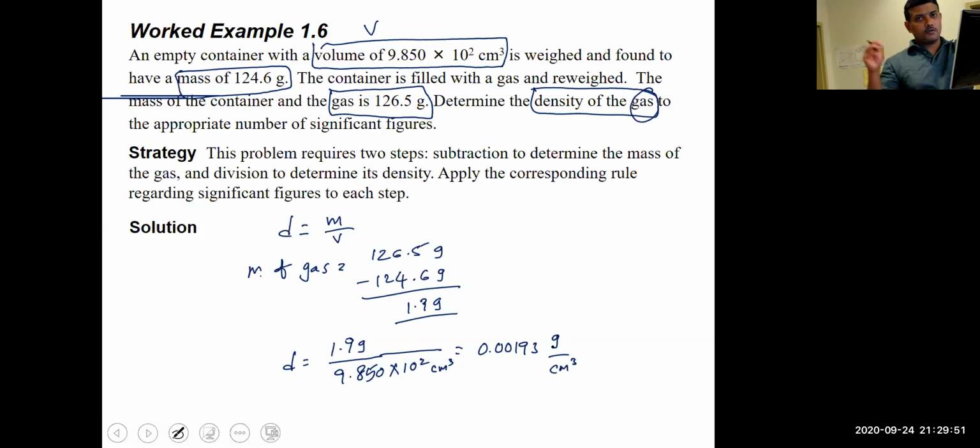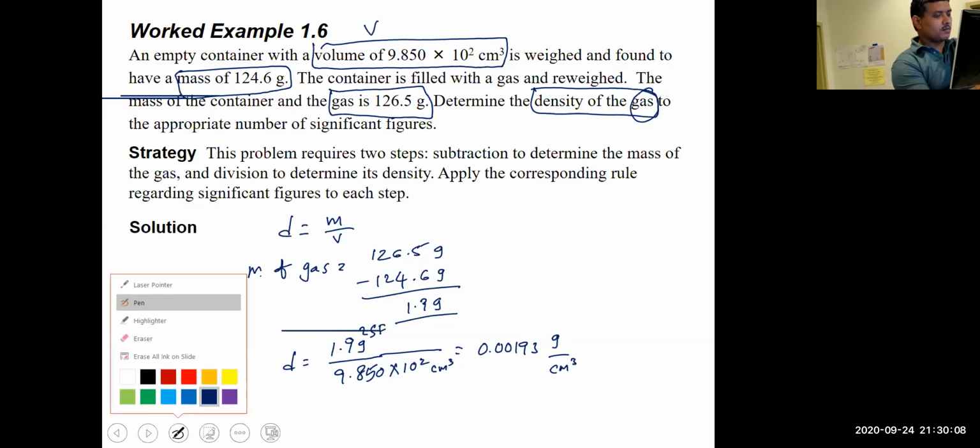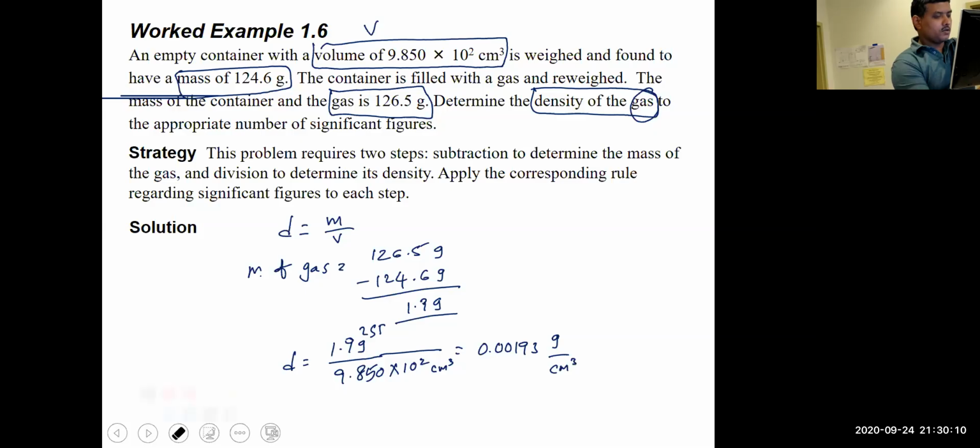Now, let's get this answer to the correct number of significant figures. Because you are performing division here, you should have the same number of significant figures as the lowest one. Here 1.9 has 2 significant figures, and the following number has a lot more significant figures. So you're going to have only 2 significant figures in your answer.